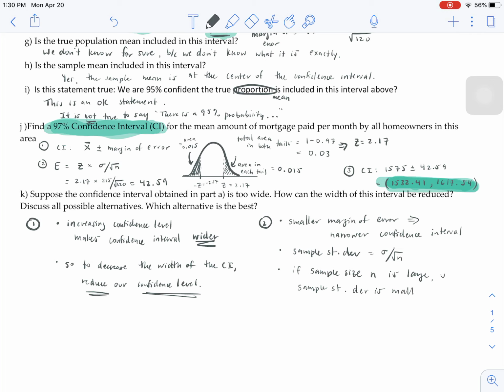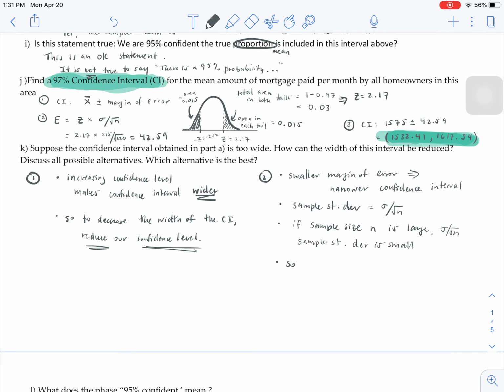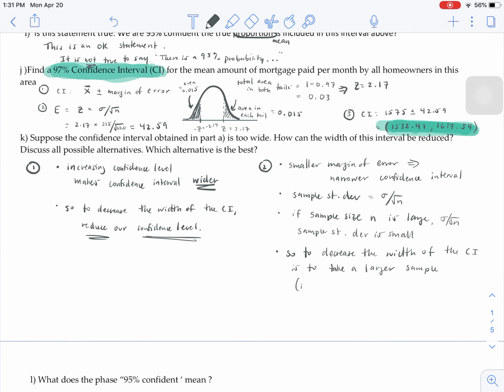Sigma over root n, our sample standard deviation is small. So another way to decrease the width of our confidence interval is to just take a larger sample. In other words, make n larger.